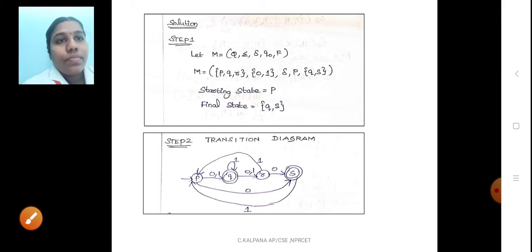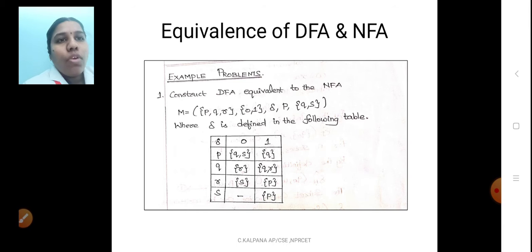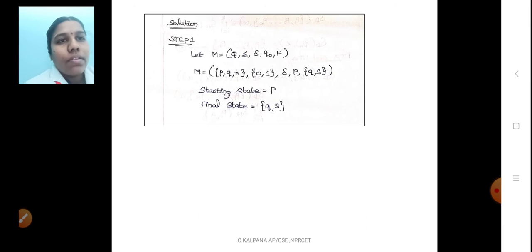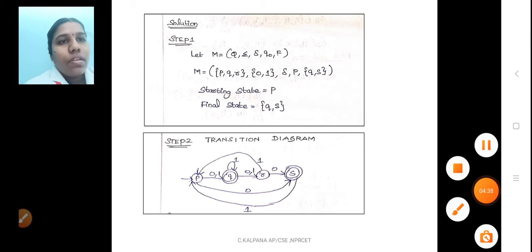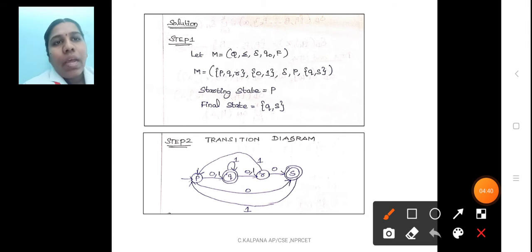Okay. Now go back to the question. Then Q, 0 is R and Q, 1 is Q, R. In this diagram, you have to draw the individual states here, P, Q, R, S, and then mark the inputs, the transitions from one state to another state.